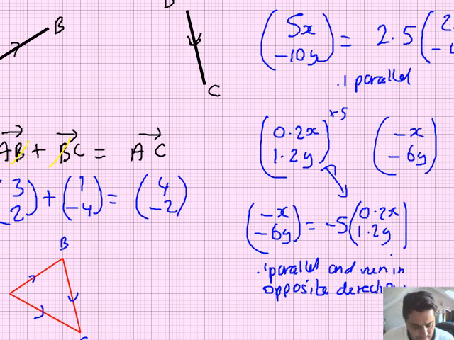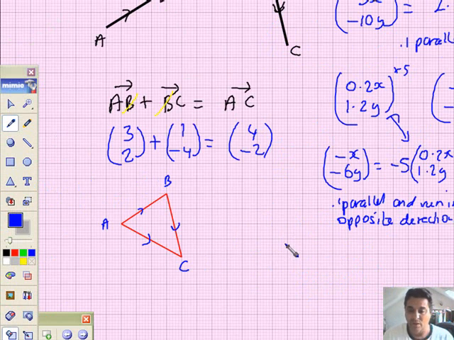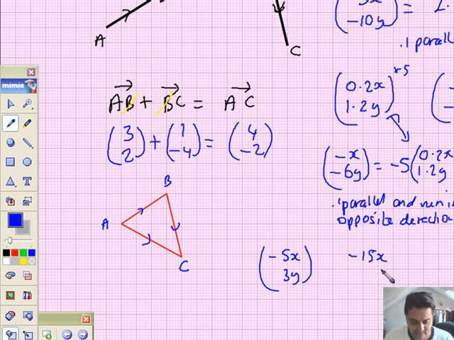And there is the last one, parallel and running in the same direction. Well, I'll draw it for you anyway and give you an answer straight away, and the answer is no. So I'm comparing that with minus 15x, minus 15y, and I've got 25x's.